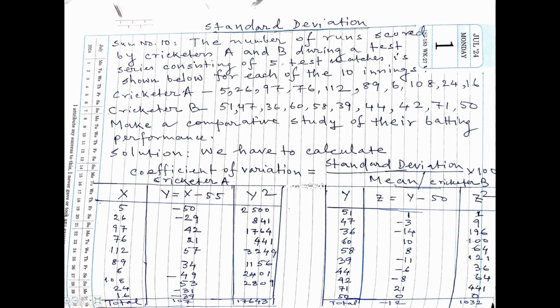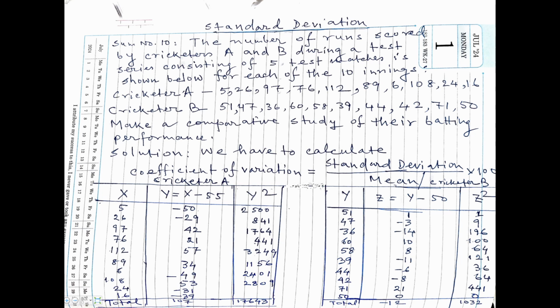When Y is equal to 47, Z is equal to 47 minus 50, which is minus 3, and minus 3 square is equal to 9. When Y is equal to 36, Z is equal to 36 minus 50, which is minus 14, so Z square is minus 14 square, 196.